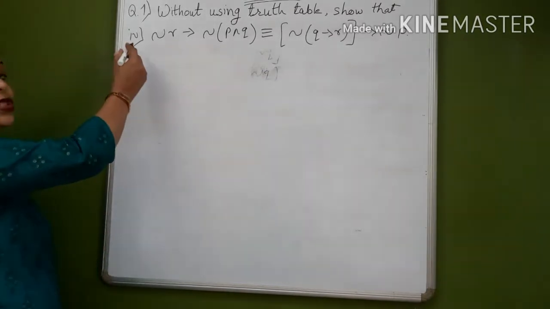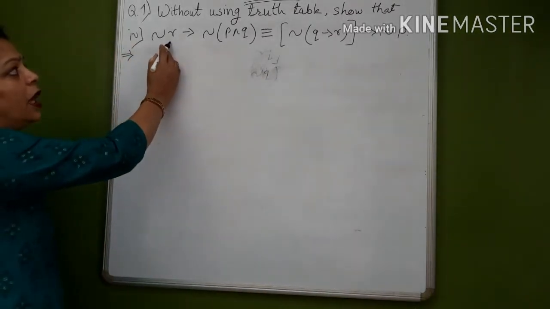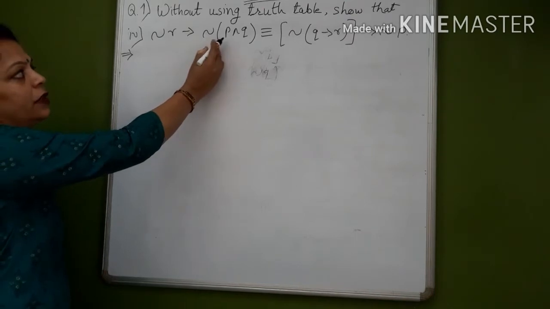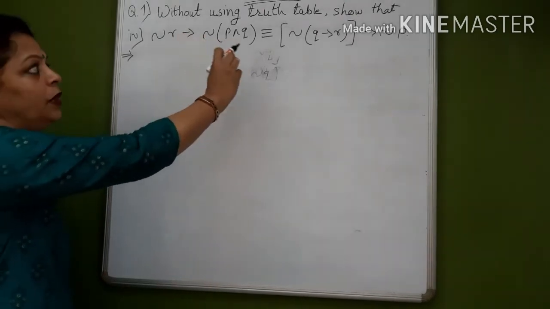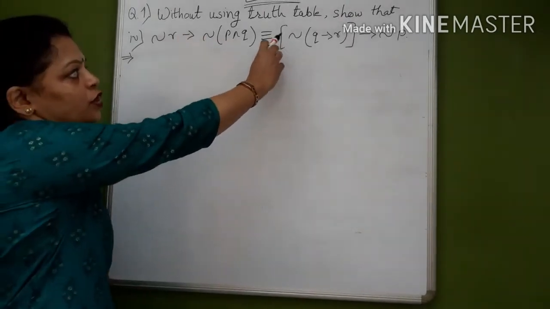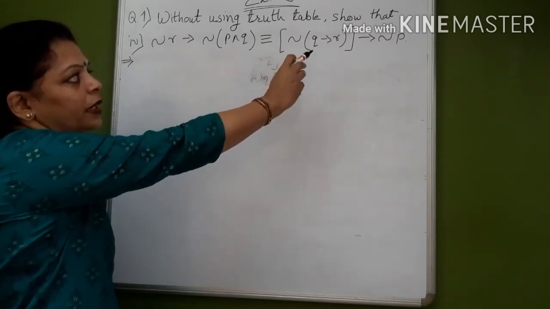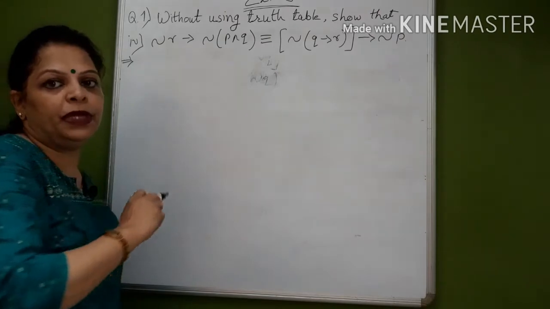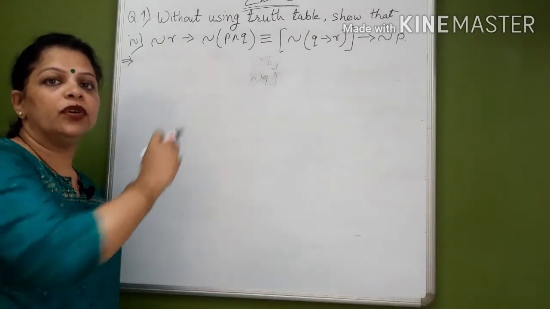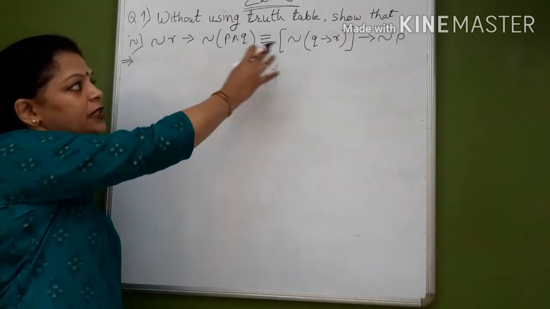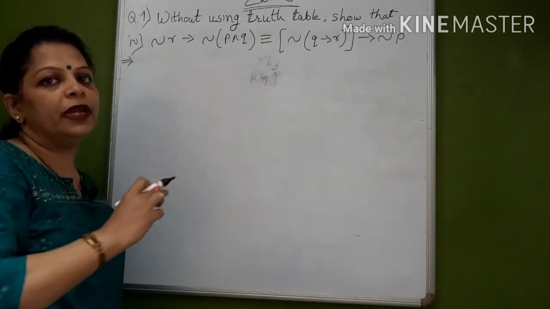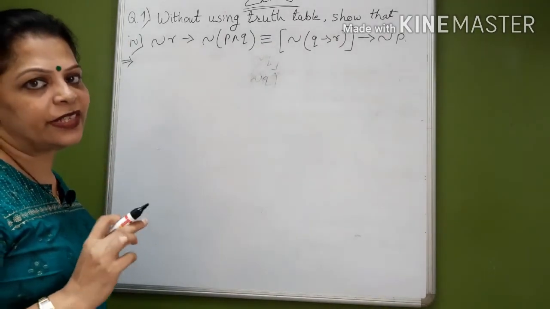So, we start on the fourth sum. Negation R implies negation P and Q is equivalent to, into square bracket, negation Q implies R, bracket complete, implies negation P. Now you can see that over here on LHS as well as on RHS there is a quite big equation, the statement.